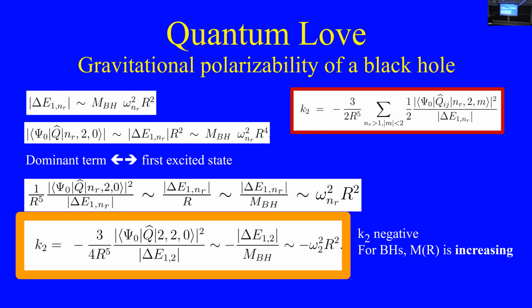We checked it in some models and it looks reasonable, but at this point I just want to show you that you get something which is not Planck suppressed. This is my main point, not so much the detailed values.